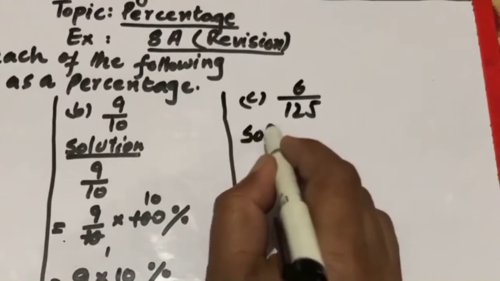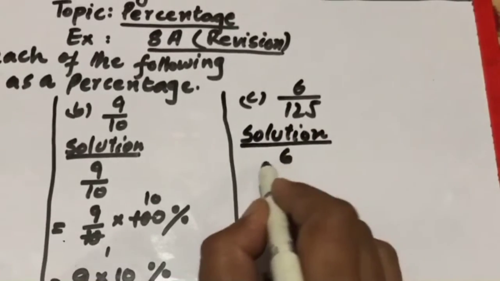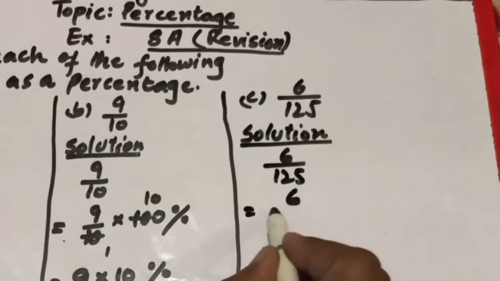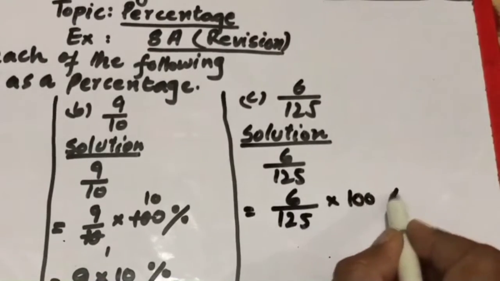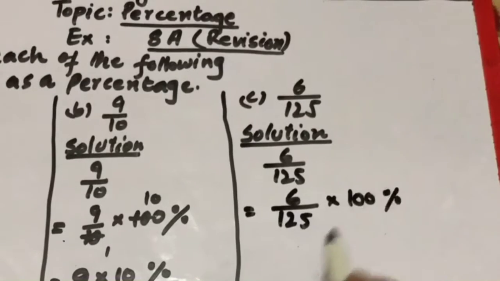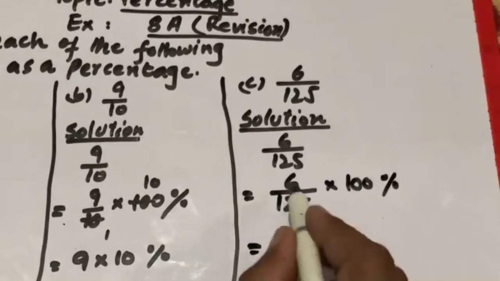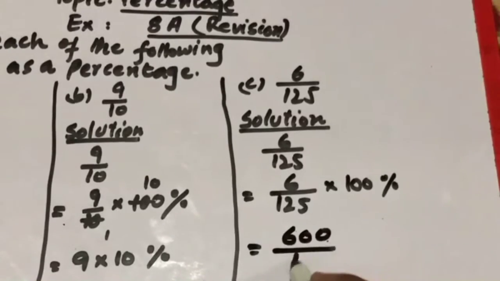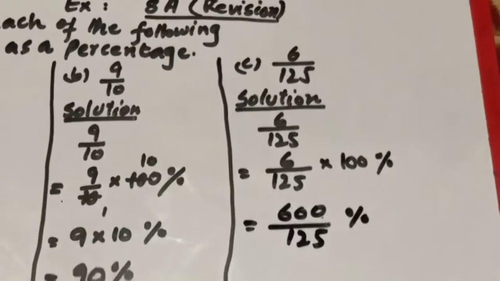So in solution we will write the fraction 6 over 125 again, and now we are going to multiply this fraction by 100% to make it percentage. And if we multiply 6 by 100, then we will have 600 over 125, percent symbol as it is.